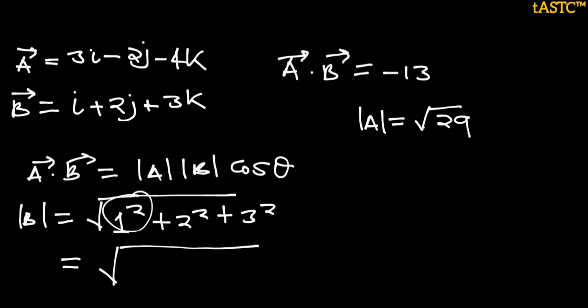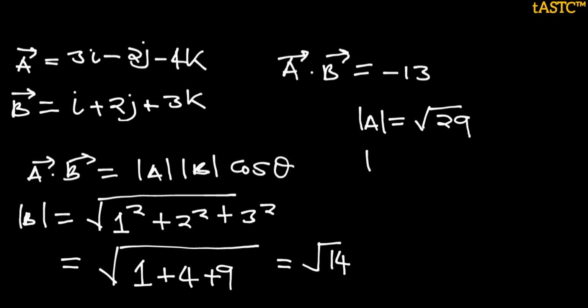Now this is going to give us a 1. This will give us a 4, so this will be plus 4. And this gives us a 9. Now 1 plus 4 is 5, and 5 plus 9 is going to give us 14. So this is root 14.